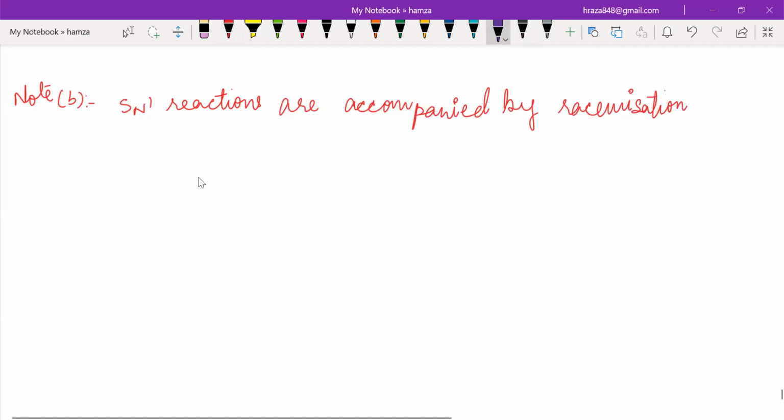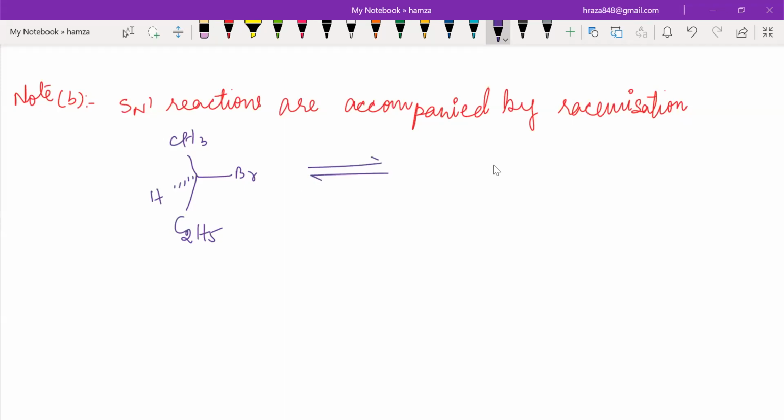Like if I'm going to give you an example, this is Br, this is CH3, this is H, and this is C2H5. So if you react this reactant, what will happen here? There will be first formation of carbocation.